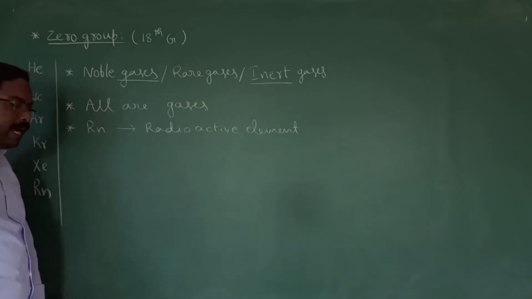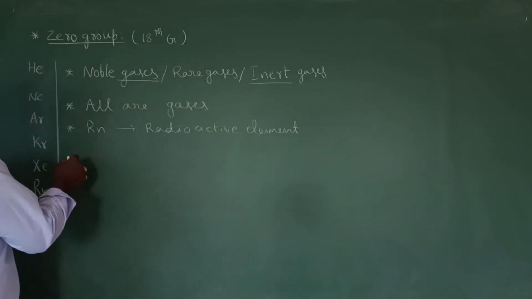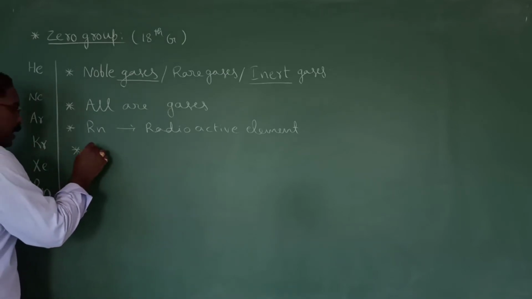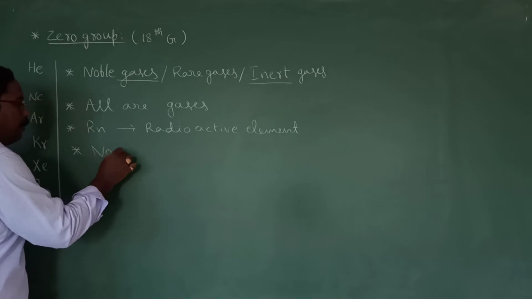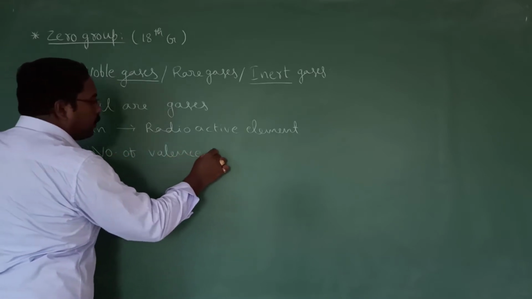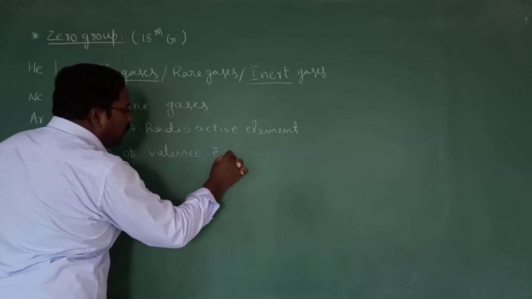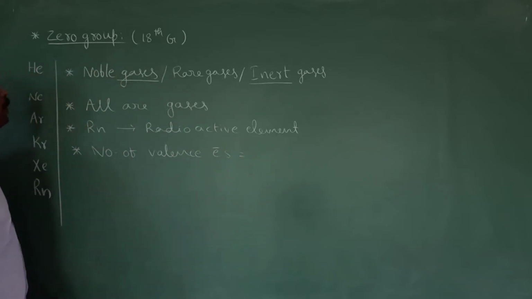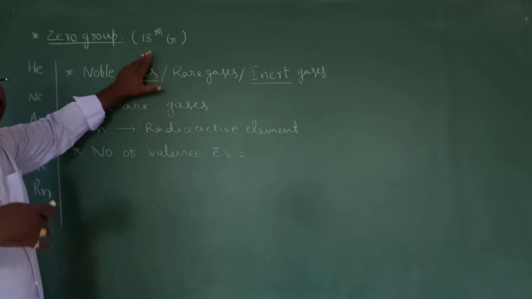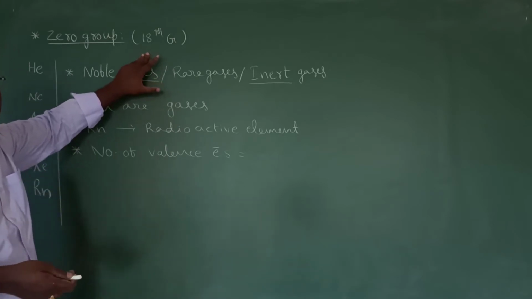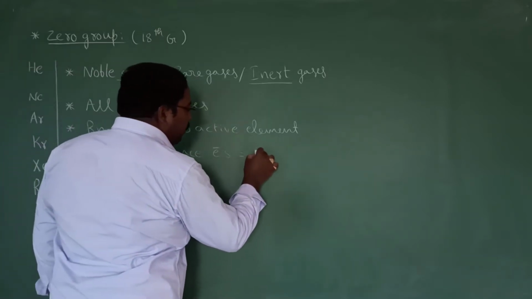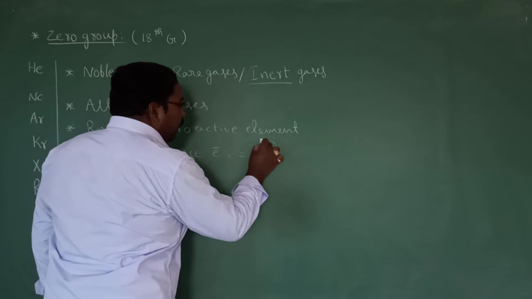Now coming to the common points we are discussing, mainly the number of valence electrons. What is the group number? The group number is 18. When it is more than 12, I told you to subtract 10. So from 18, if you subtract 10, it contains 8 electrons.